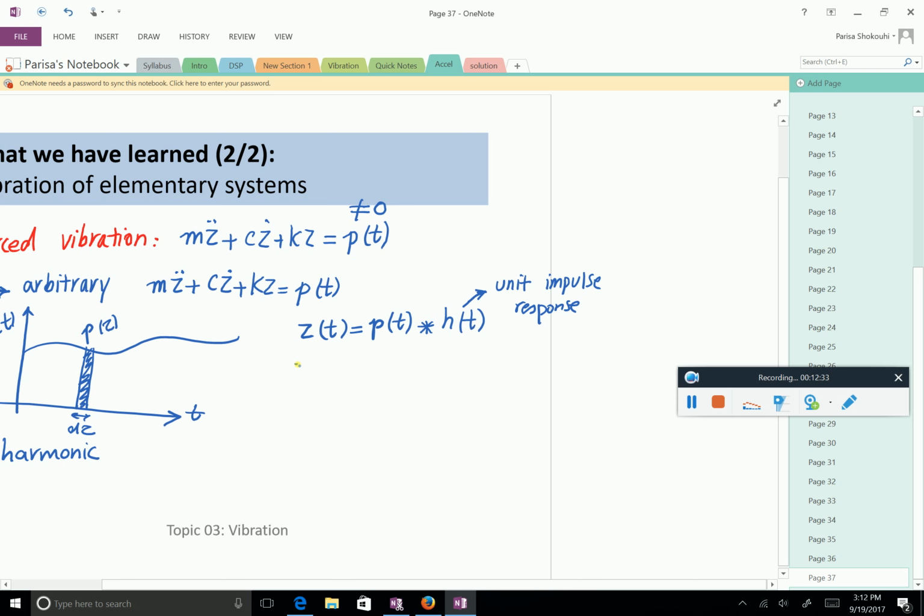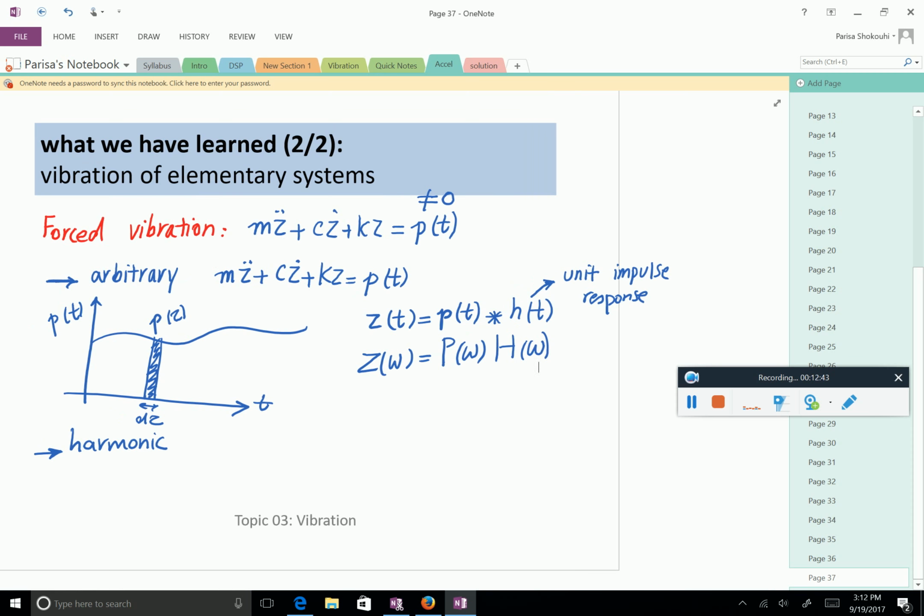And in the frequency domain, convolution turns into just multiplication. So it makes everything very easy to solve.